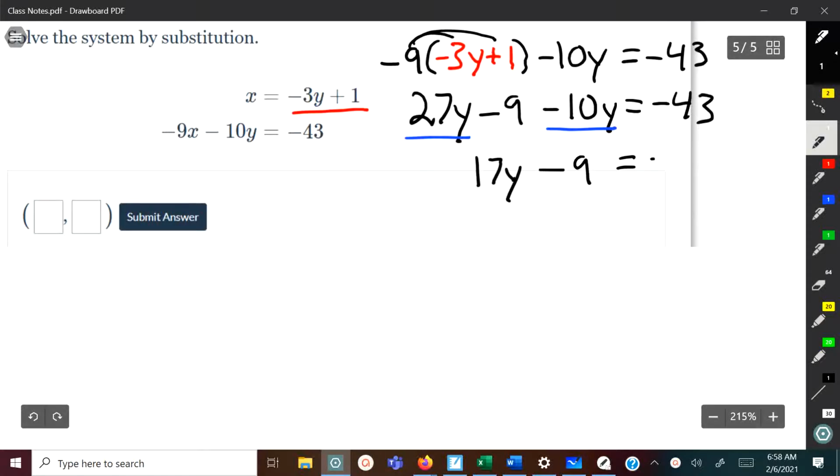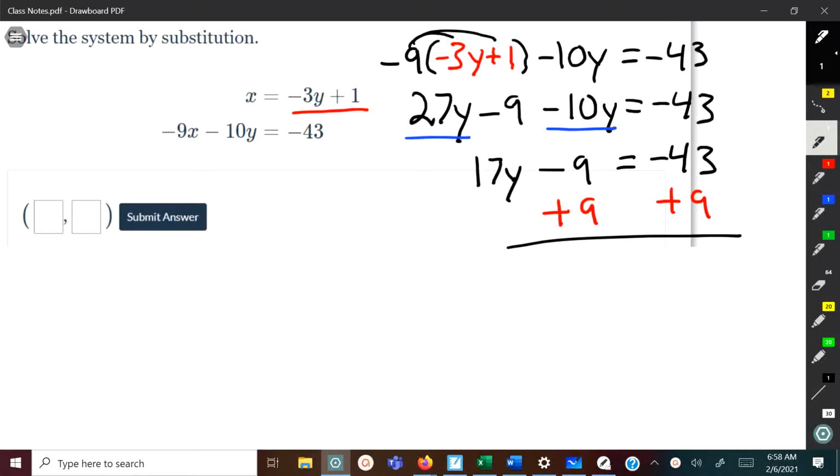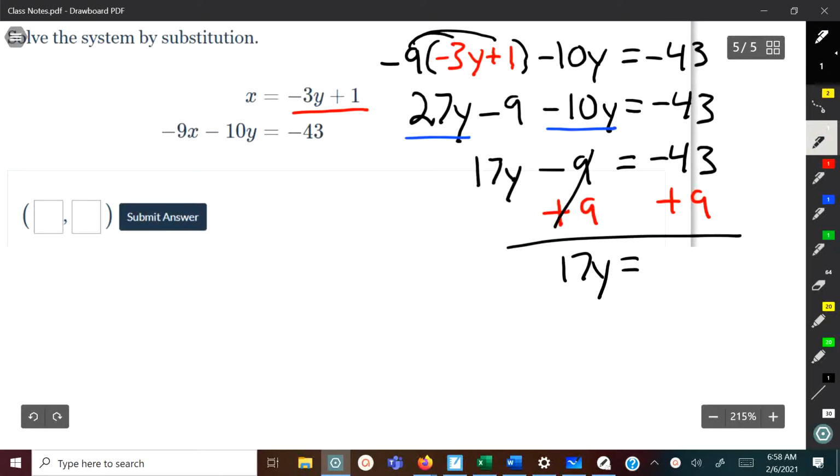It's equal to negative 43. Now I'm going to add 9 on both sides. The nines cancel out, bring down 17y. And then different signs, find the difference, get negative 34.